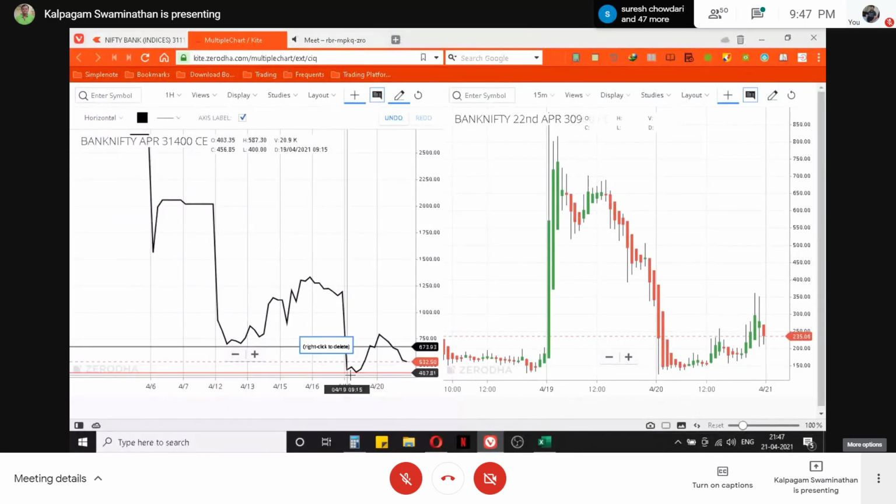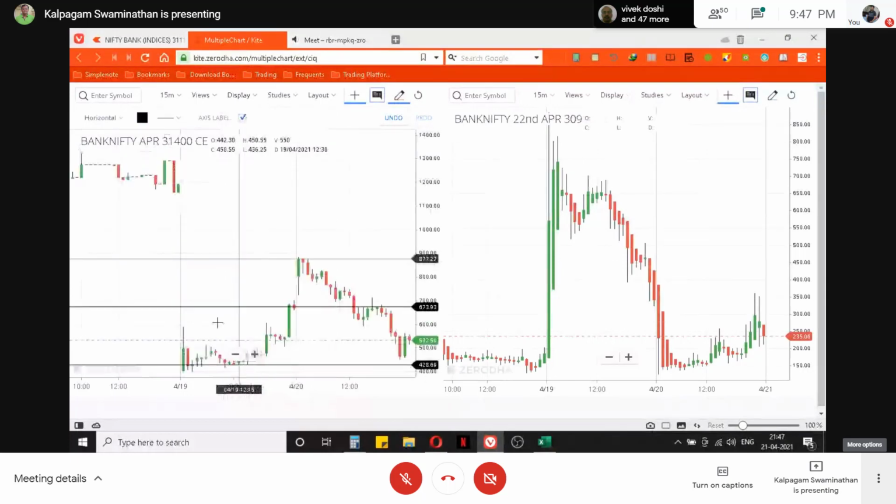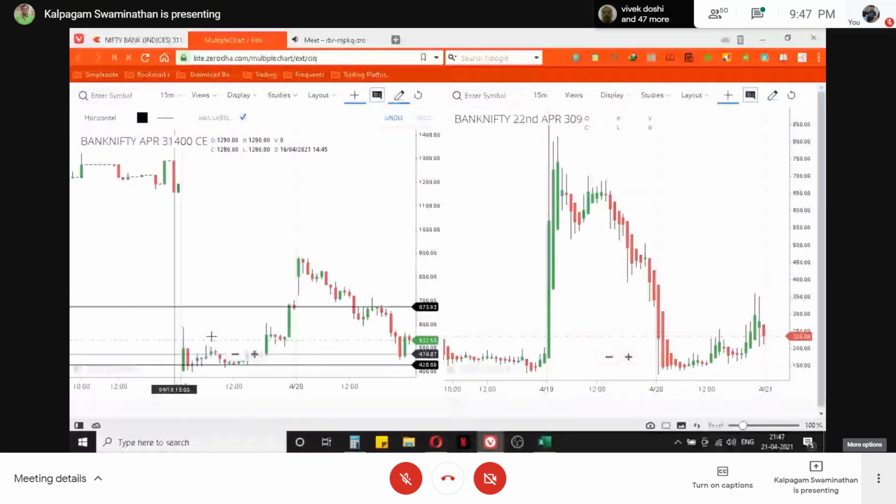So I know that the last bit of support is here. Once I'm back on the 15-minute chart, if the price is trading somewhere here, I will not take a trade. I will wait for it to come down to some level of established support. Then I will take the trade.